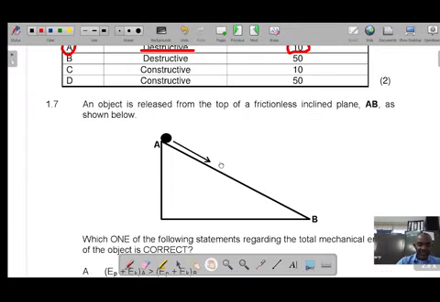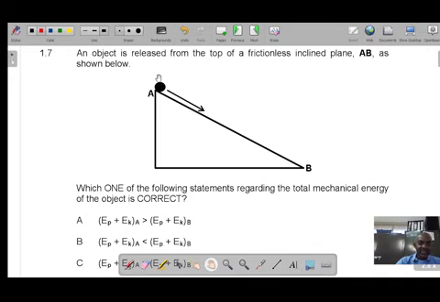Question 1.7 says that an object is released from the top of a frictionless inclined plane AB, as shown below. They say, which one of the following statements regarding the total mechanical energy of the object is correct? So we want total mechanical energy. Before we get that, let us underline something here.